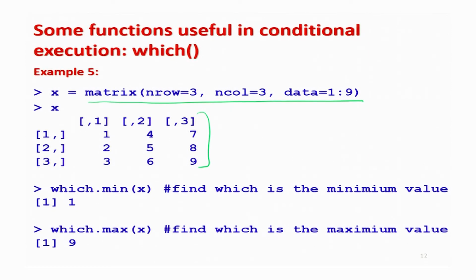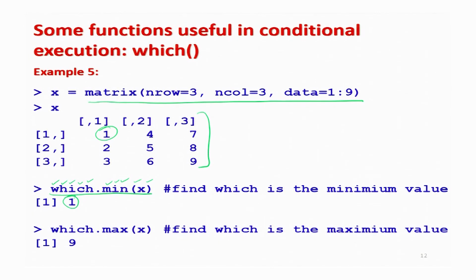For that I have a command which.min, and inside the parenthesis you write the name of the array. So, you can see in these values 1, 2, 3, 4, 5, 6, 7, 8, 9, this 1 is the minimum value. Okay. So, it is coming here as 1. And suppose you want to know which is the maximum value.